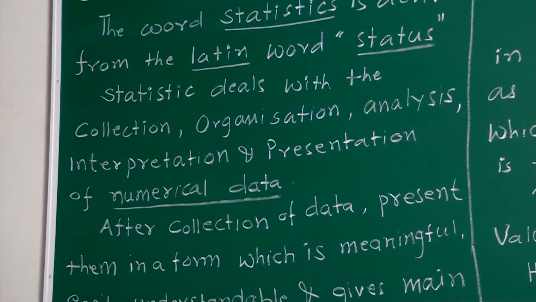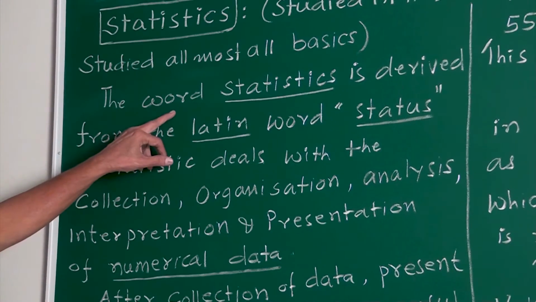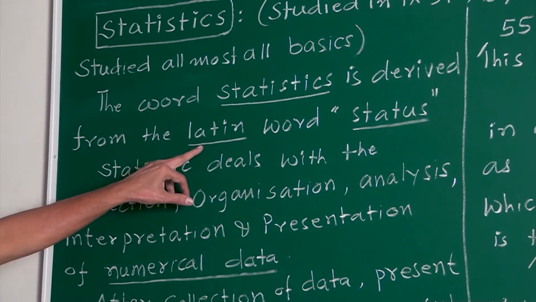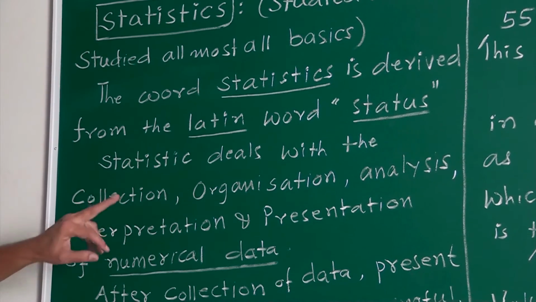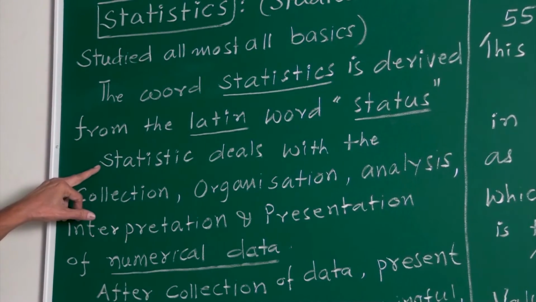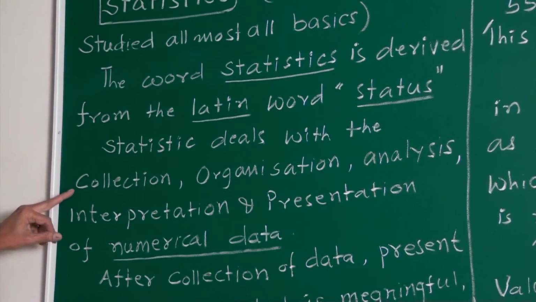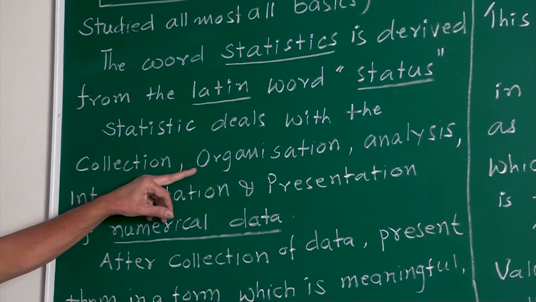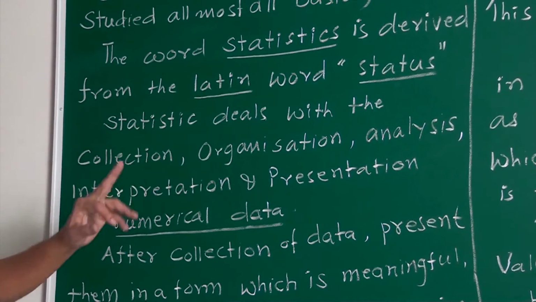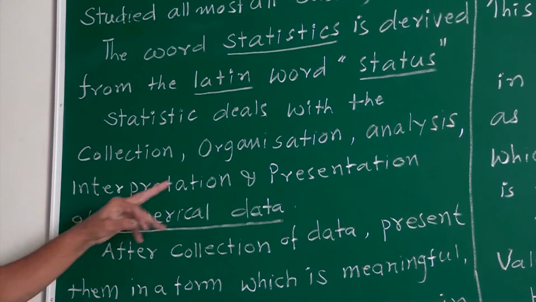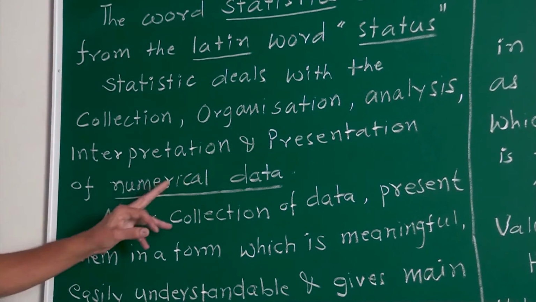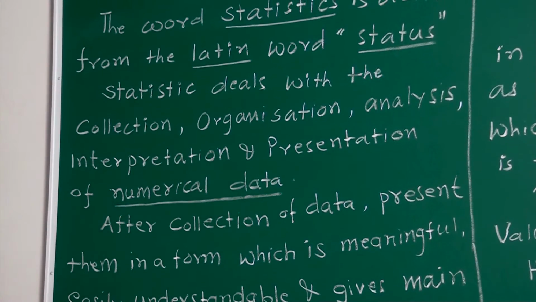The word statistics is derived from the Latin word status. The subject deals with the collection of data, organization of data, analysis of data, interpretation and presentation of this numerical data.